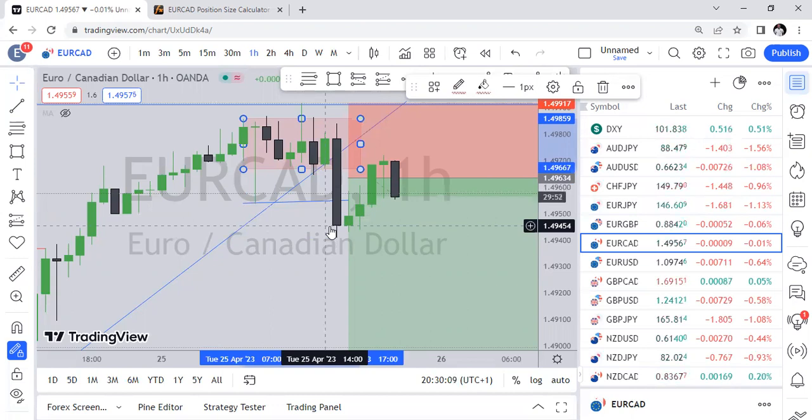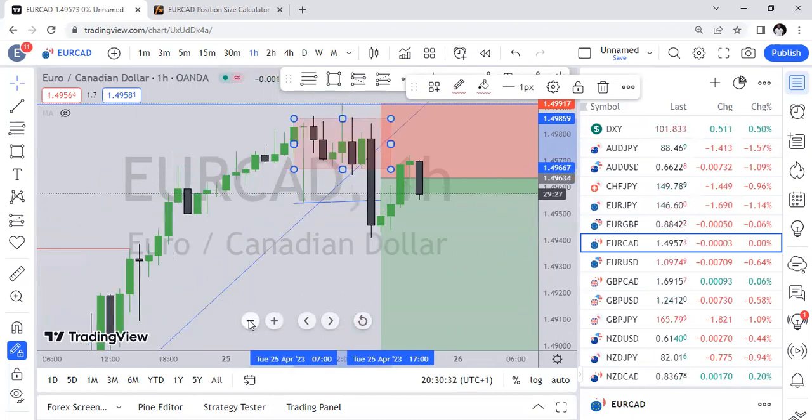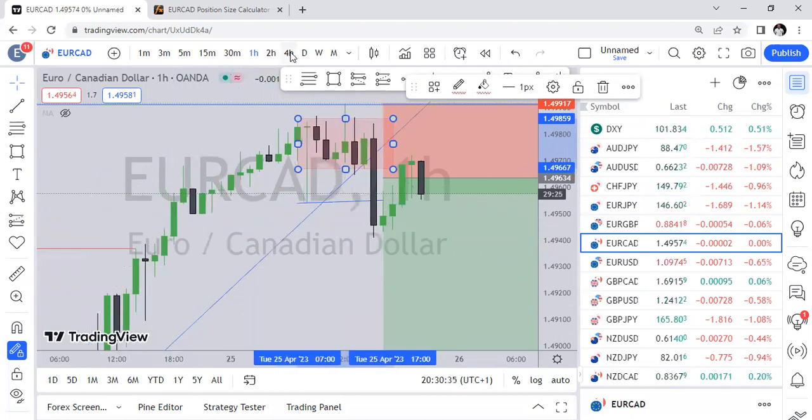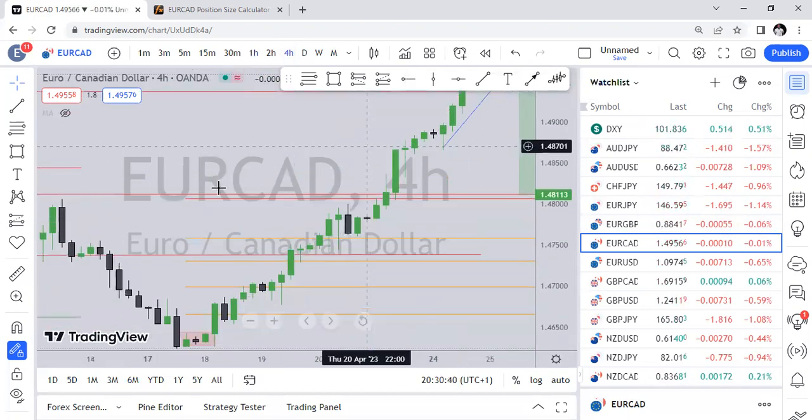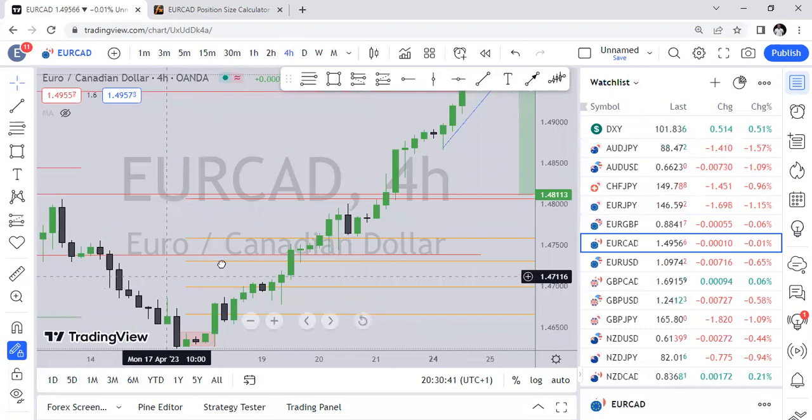I don't know if that is noted. So an engulfing candle signifies momentum in the market. So if there is any candlestick you want to fall in love with, you want to fall in love with that engulfing candle, especially when you are able to see it on a higher time frame.